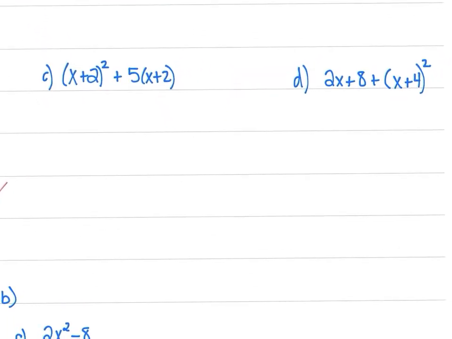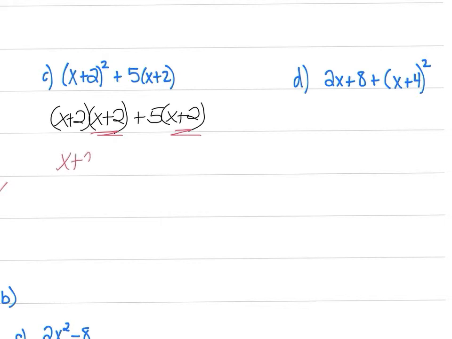We got these two guys. These are fun. So what we're going to do here is I want to first remind you that x plus 2, the quantity squared, means the same thing as x plus 2 times x plus 2. Right? Plus 5 times x plus 2. Now we have a common factor of x plus 2, so I'm going to bring that out.